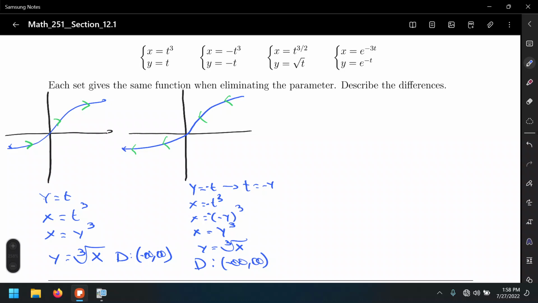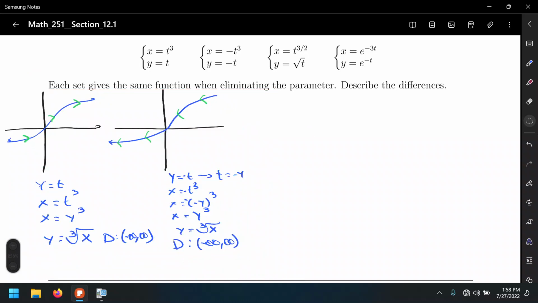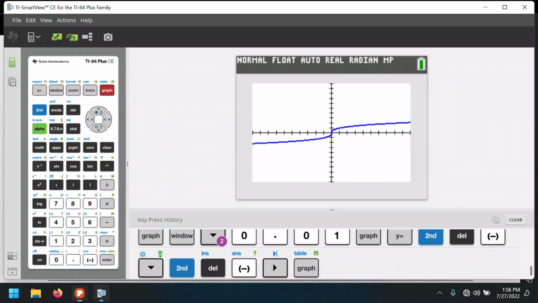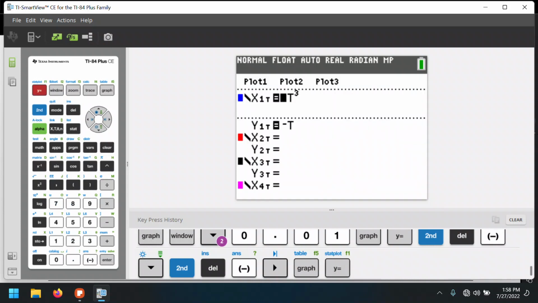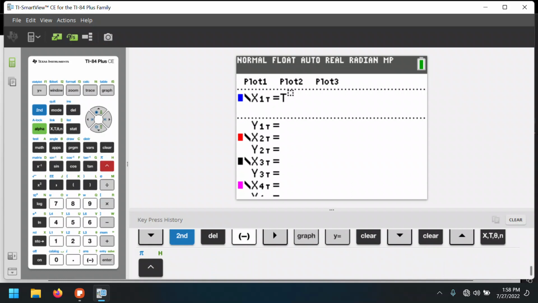Okay, let's have a look at the third version of these parametric equations. Well, okay, let me make some space. And so let's type this in the graphing calculator. Clear. And well, the first equation is t raised to the 3/2.